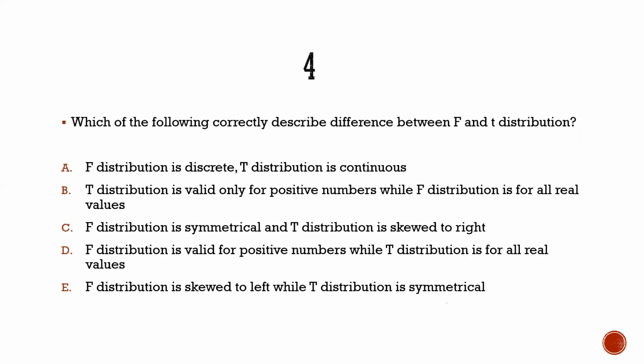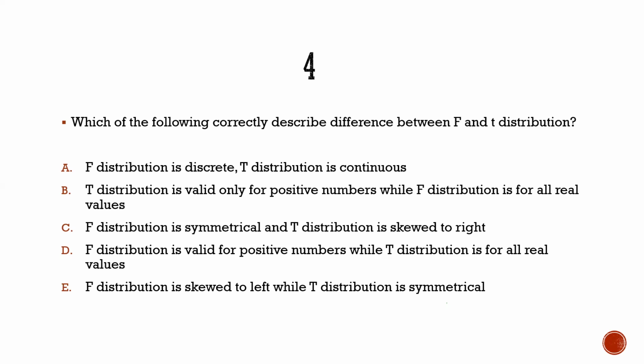Question 4. Which of the following correctly describes the difference between the F and T distribution? A, F distribution is discrete while T distribution is continuous. B, T distribution is valid only for positive numbers while F distribution is for all real values. C, F distribution is symmetrical and T distribution is skewed to the right. D, F distribution is valid for positive numbers while T distribution is for all real values.